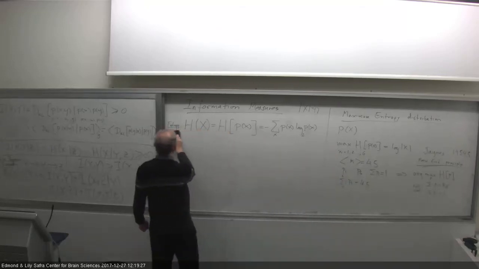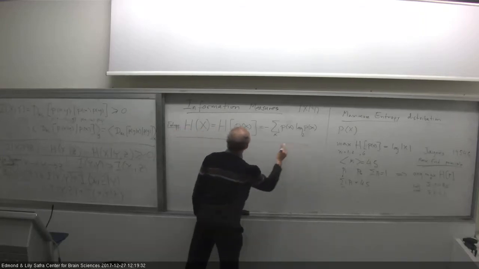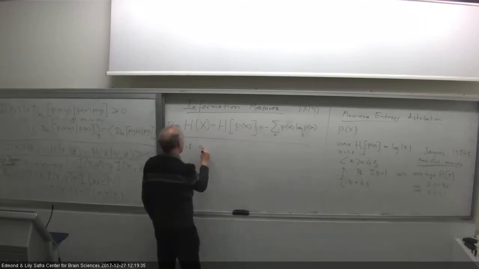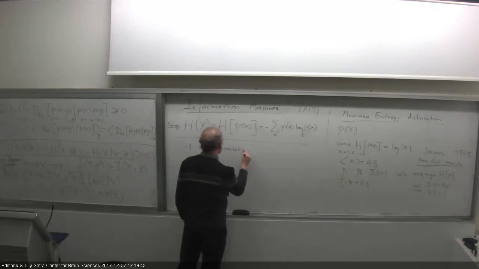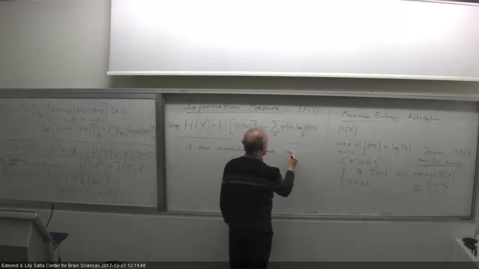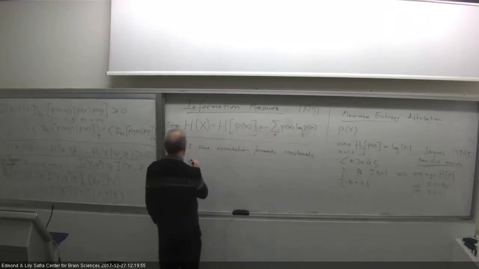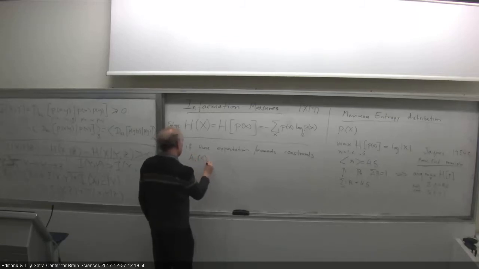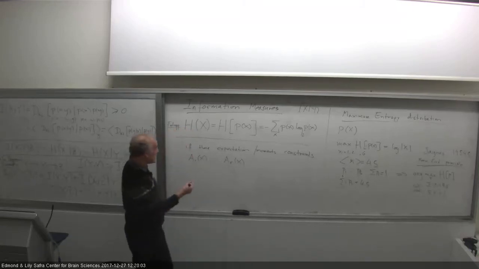Now, what I'm going to tell you is actually very simple to prove, if you know something about Lagrange multipliers, and you should know. If there are what we call expectation constraints, sometimes they call them moments constraints, something like this. There are a_1 of x up to a_r of x. So let's say I have functions of x.